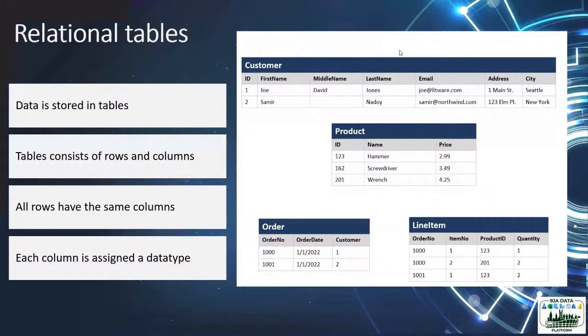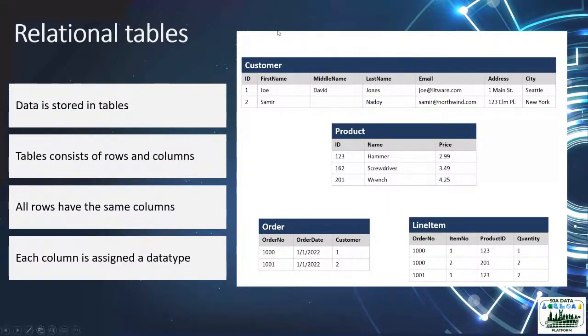The data is stored in tables that represent entities. For instance, within my database, if I have customer data, I have product, I have order, I have line item. These represent different entities.